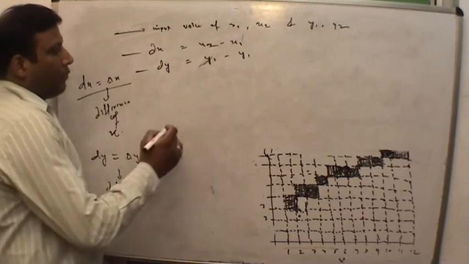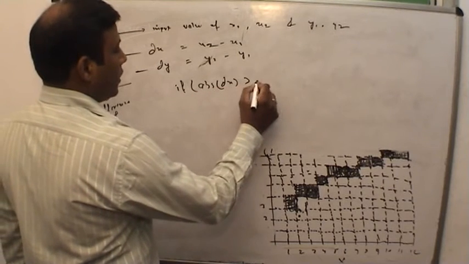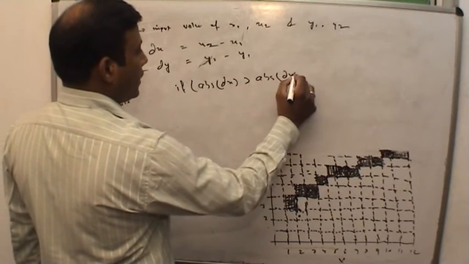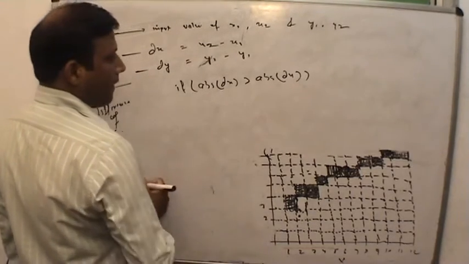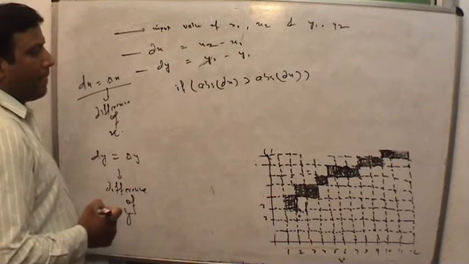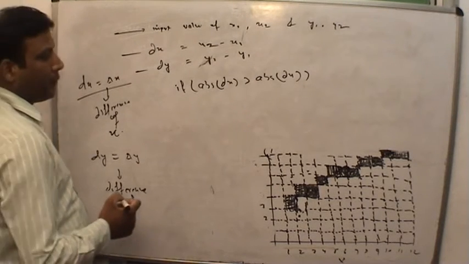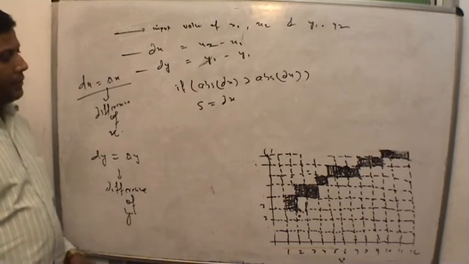If abs dx is greater than abs dy, steps is equal to dx.